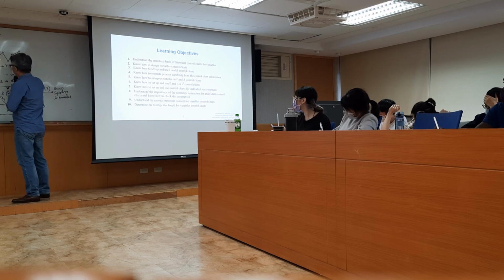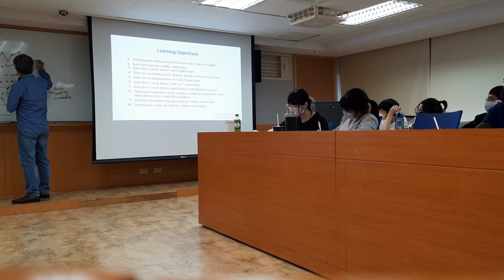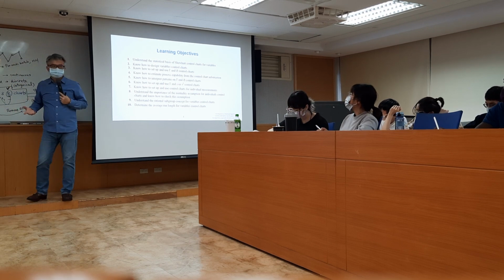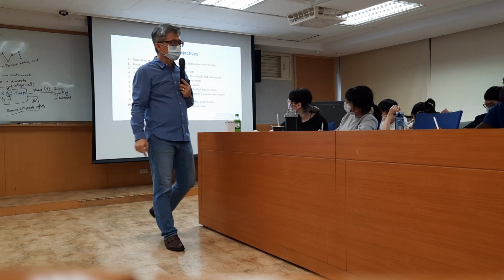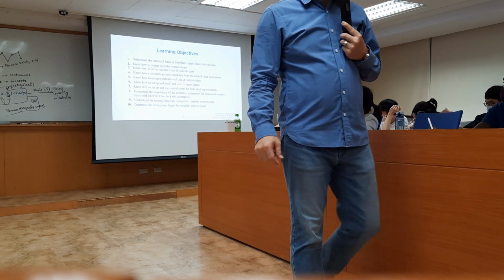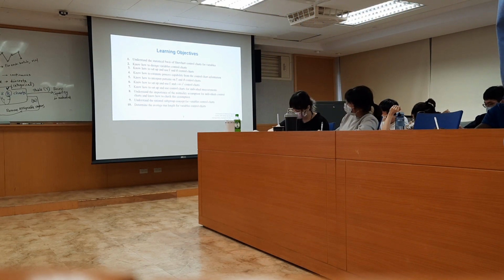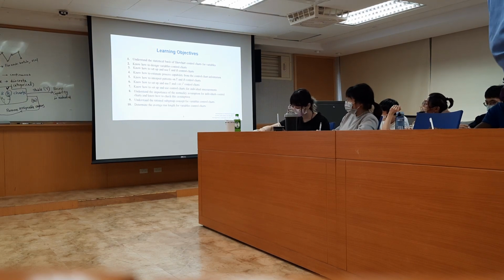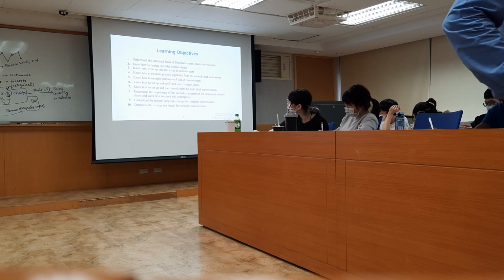For each batch, the sample size equals 1. Only one measurement is possibly collected. So what kind of problem will be encountered? N equal to 1. What problem might we encounter?